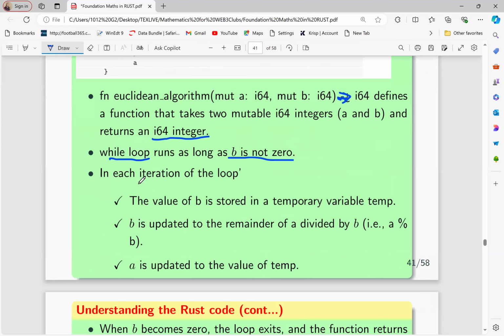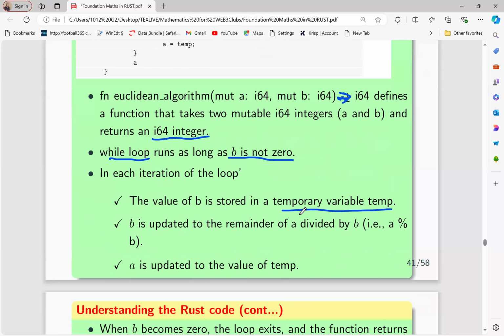Now I've said that in each iteration, the value of B is stored in a temporary variable temp. So the value of B is stored temporarily. B is then updated to the remainder of A divided by B. That now becomes our new B. And A is updated to be the number that was temporary.